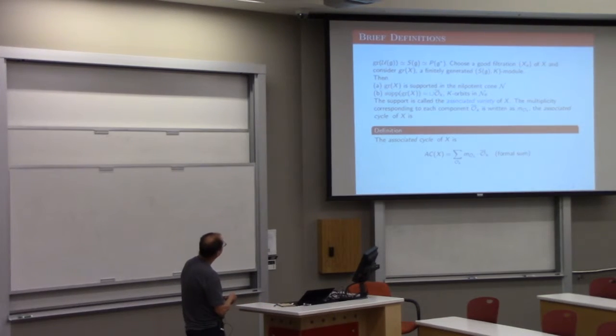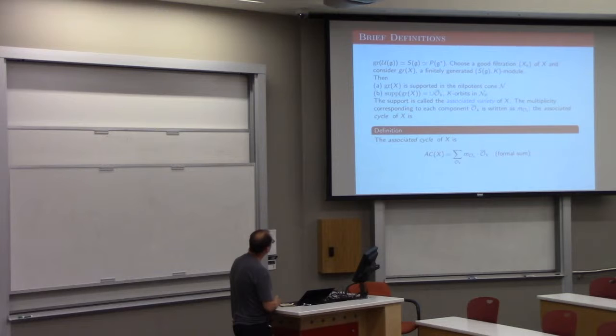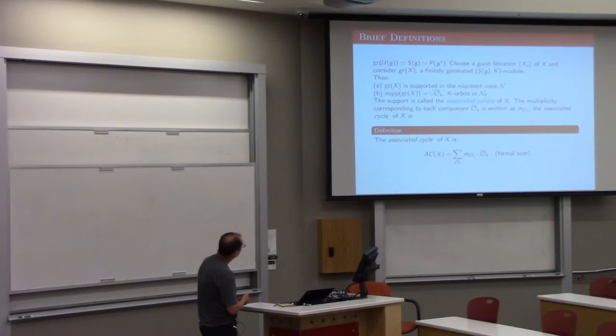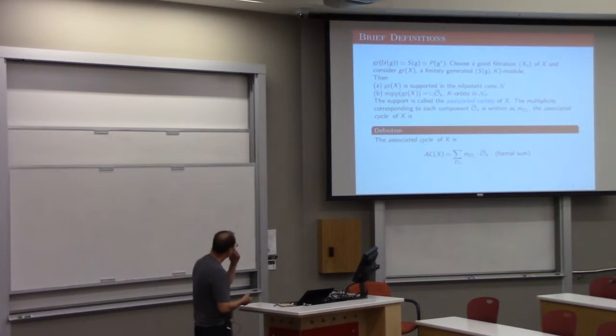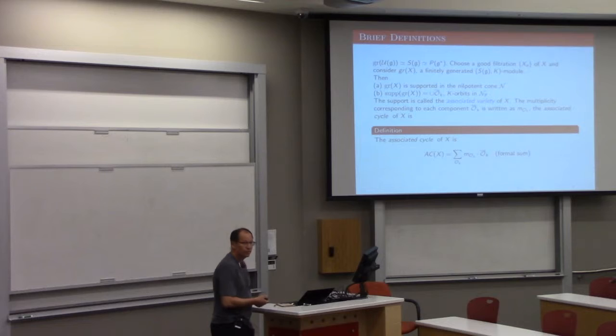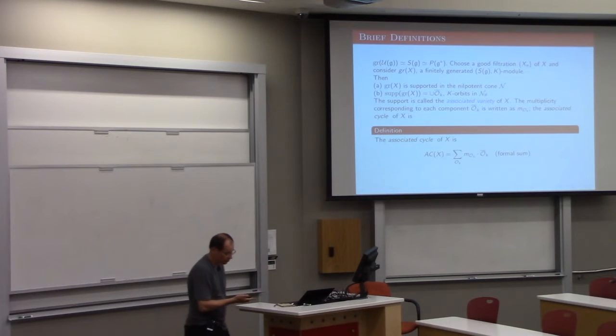So the associated variety is supported in the nilpotent cone, and in fact is a union of k orbits. And whenever I write the union of k orbits, I mean take the ones of maximal dimension that are in there, because the others would be in the closure anyway.